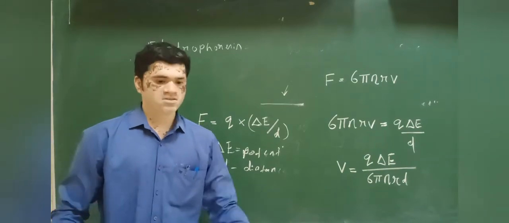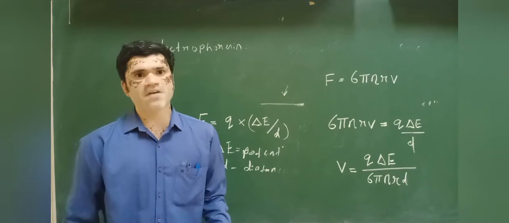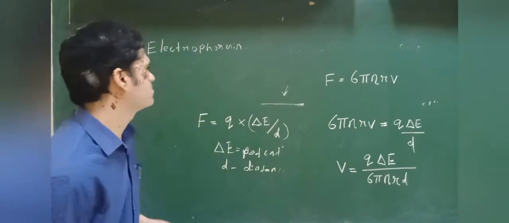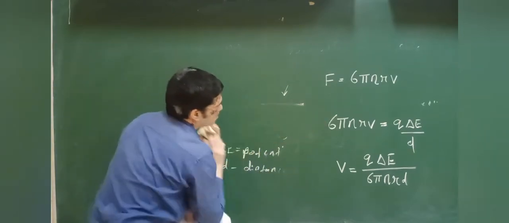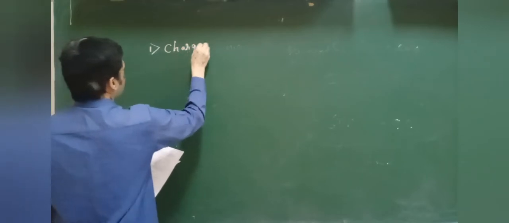So in the next part, we will move to factors affecting electrophoresis. What are the factors that affect electrophoresis? There are various factors. One, we have charge to mass ratio.